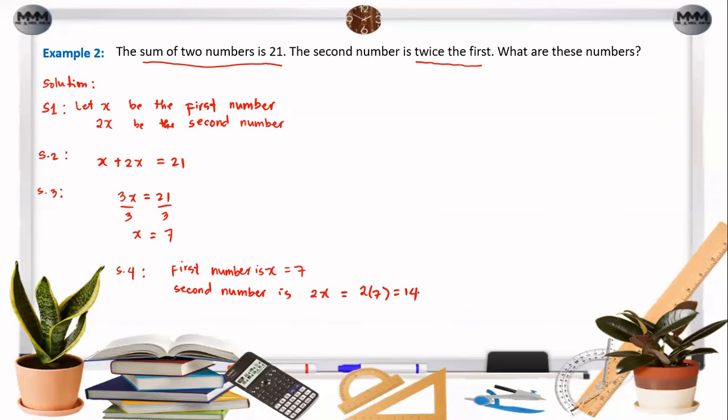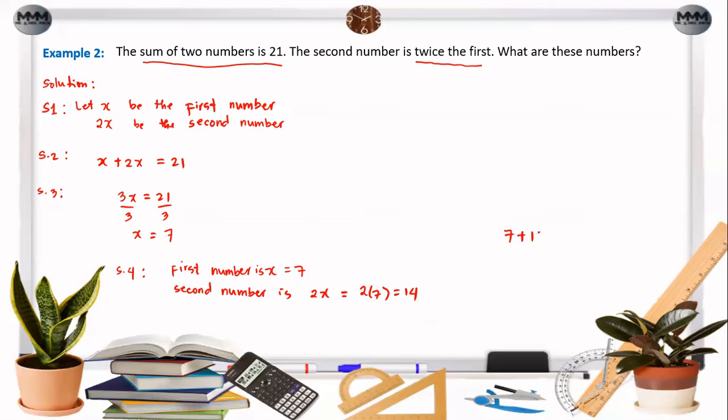But we will check this first before we conclude that 7 and 14 are the two numbers that we are looking for. So to check this, we will go back to the problem because we have here the sum of two numbers is 21. And then the second number is twice the first. So obviously, 14 is twice of 7. So we will be checking if the sum of 7 and 14 is 21.